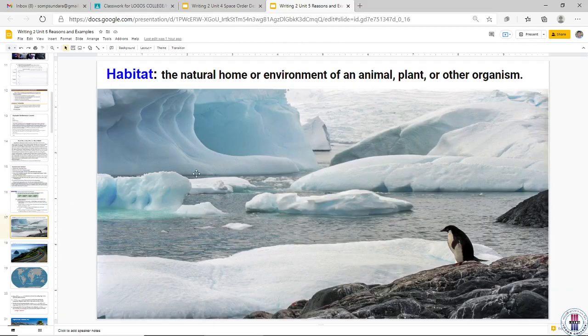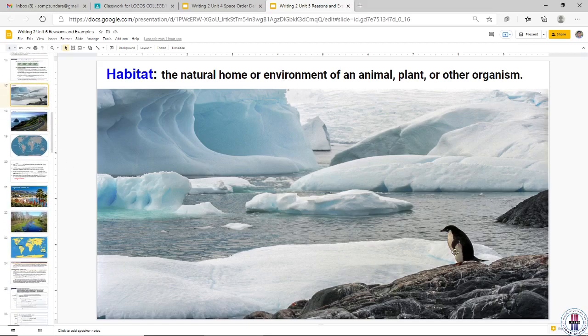The word habitat, this is a habitat. The habitat is a natural home or environment of an animal, plant, or organism. And here the habitat of a penguin would be ice, cold, freezing temperatures, right? Like Antarctica. The habitat of elephants would probably be nice, warm, or hot tropical climates.